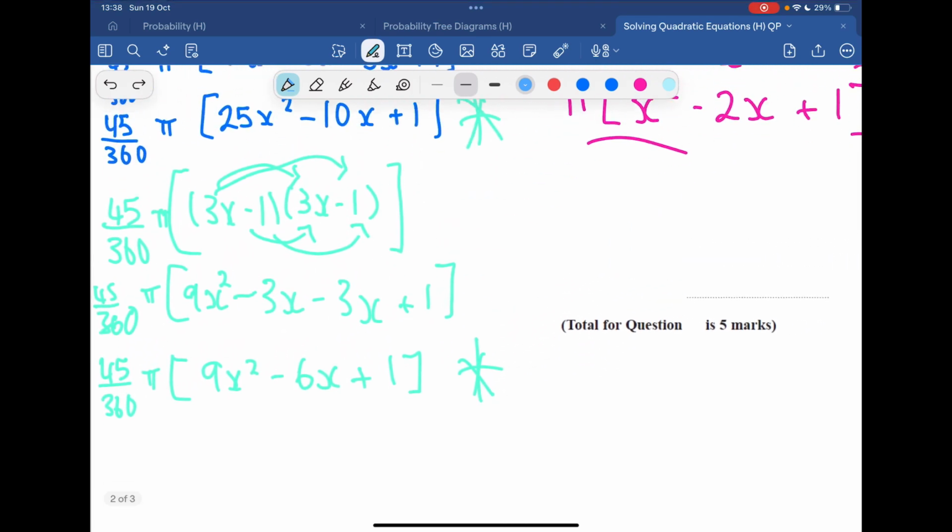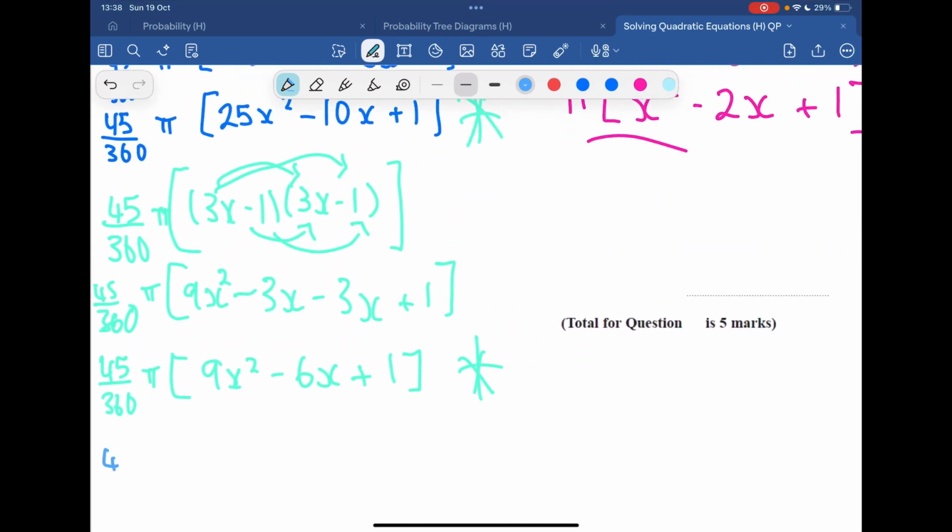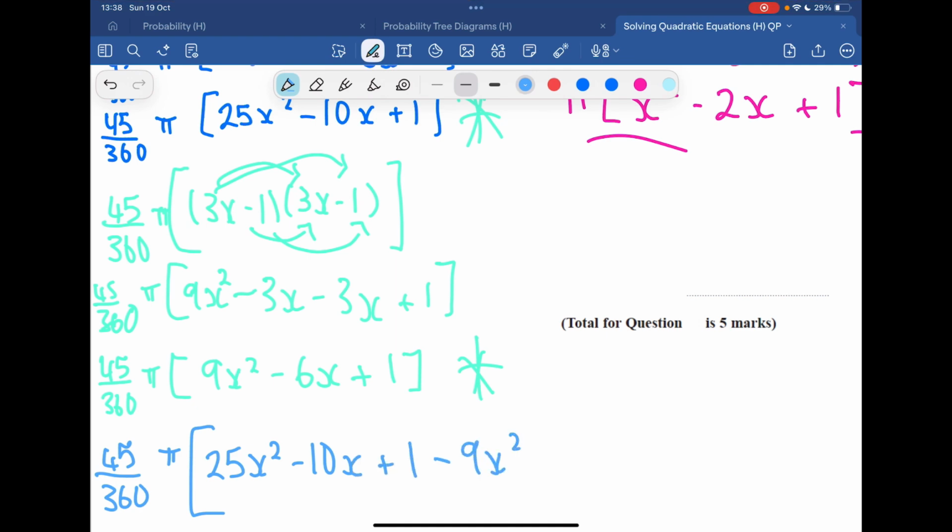We'll write it here, we'll make a note that it's there. What we really have here is 25x squared minus 10x plus 1 minus 9x squared. If we do minus 6x squared, that becomes plus 6x minus 1.